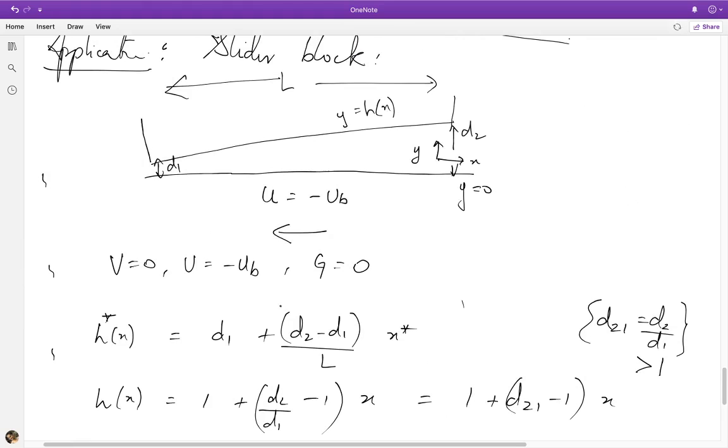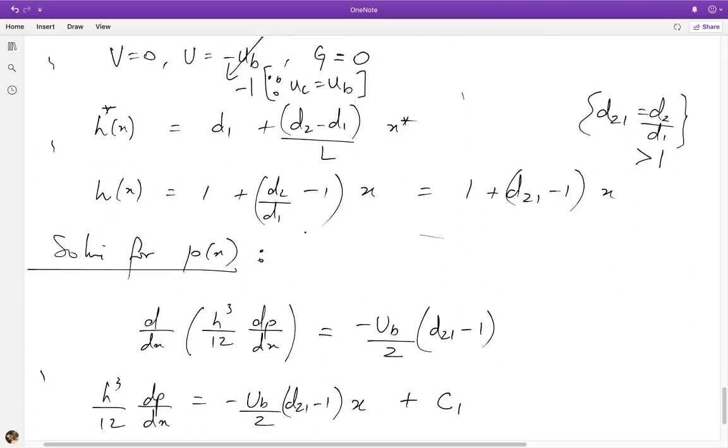Oh, there is one further simplification that we should have done. When I set g to 0, my velocity scale u characteristic was left unspecified. So I can choose u characteristic to be ub, so that the non-dimensional u is minus 1.